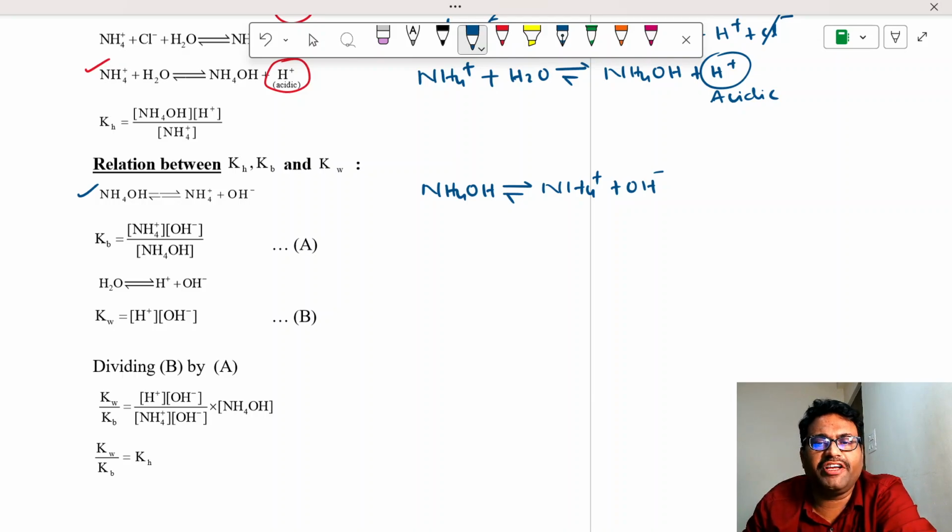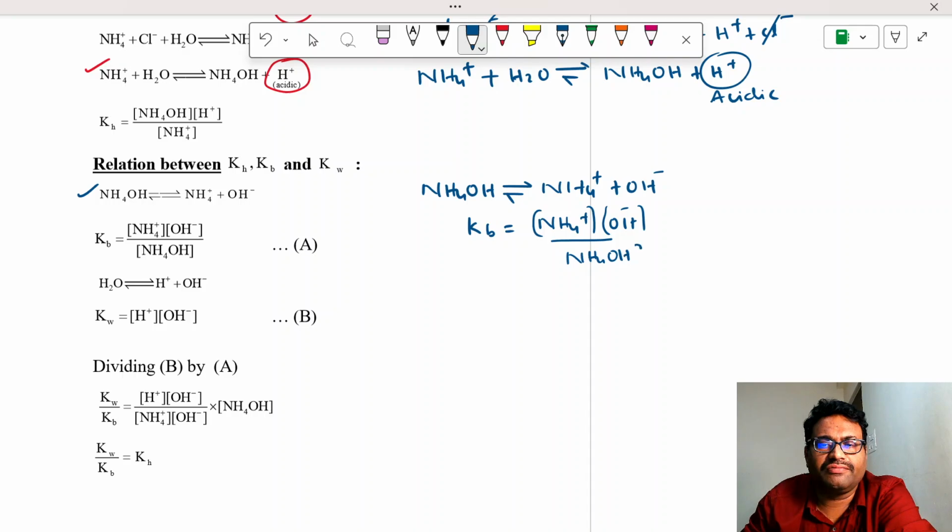When it is weak base, already we have studied that we can write Kb, the equilibrium constant of a base: NH4 plus into OH minus by NH4OH. We are deriving the relation between KH, hydrolysis constant, Kb and Kw here.